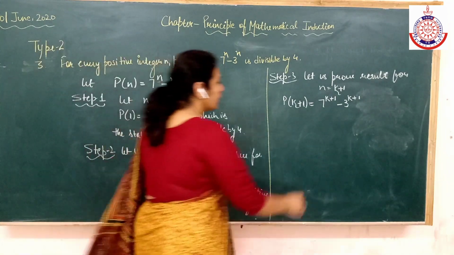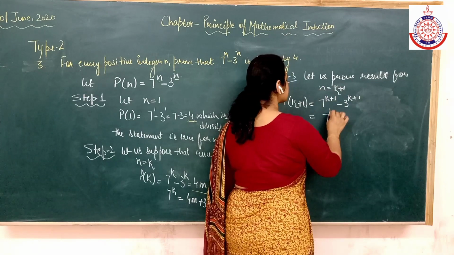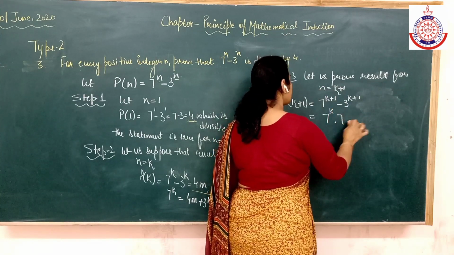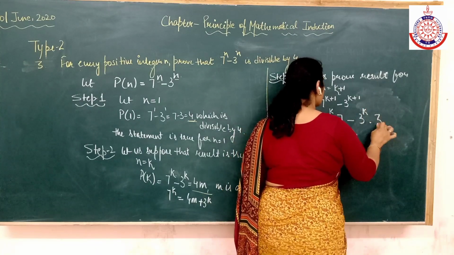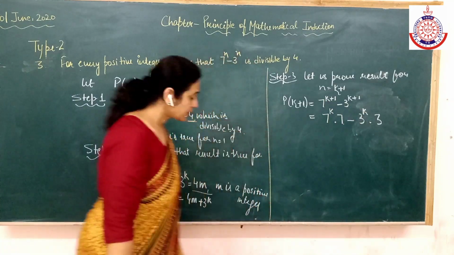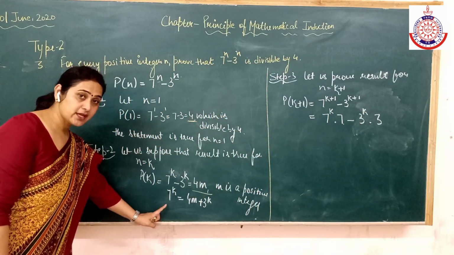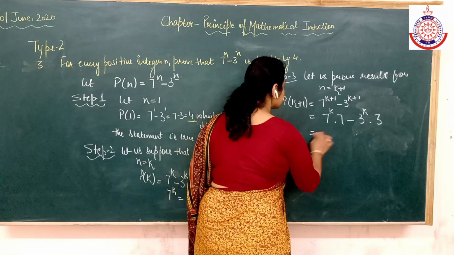Alright. So now I'll put the value here. Can I write this 7 raised to power k plus 1 as 7 raised to power k into 7, and this 3 raised to power k plus 1 as 3 raised to power k into 3? There's no problem. We can split the parts. Now do I have a value of 7 raised to power k? I have a value of 7 raised to power k. Let's put it there. Bring the 7 in front.